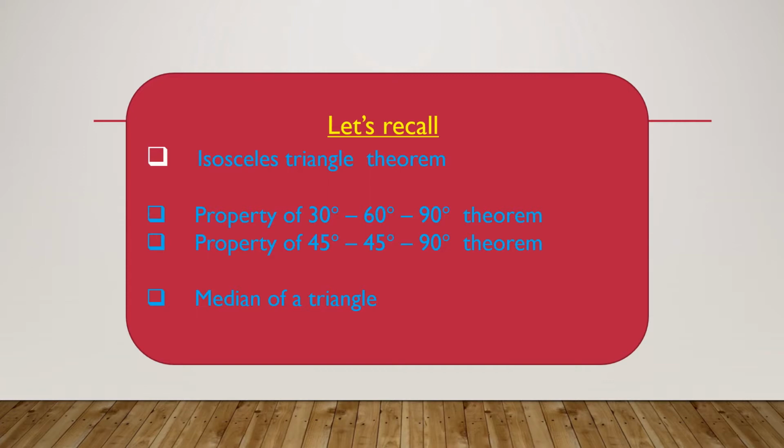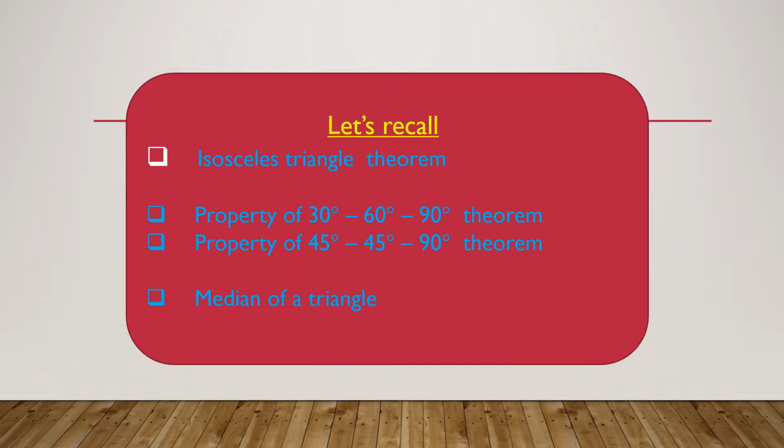That is, the length of the side opposite to the 30 degree angle is half of the hypotenuse, and the length of the side opposite to the 60 degree angle is root 3 upon 2 into hypotenuse. And next is the property of the 45-45-90 degree theorem. That is, the length of each side containing the right angle is hypotenuse upon root 2.